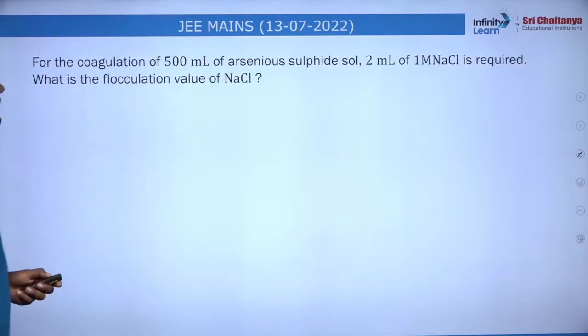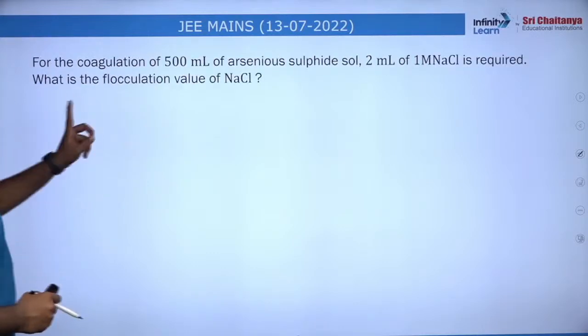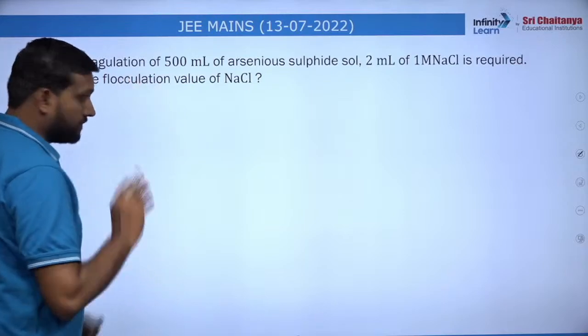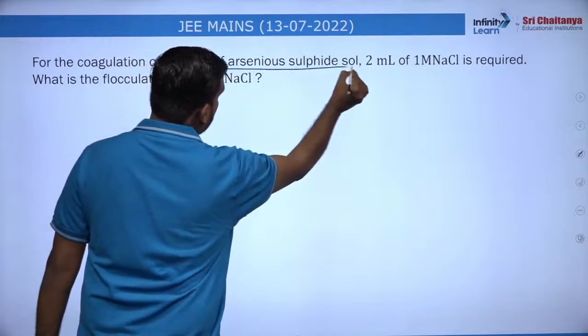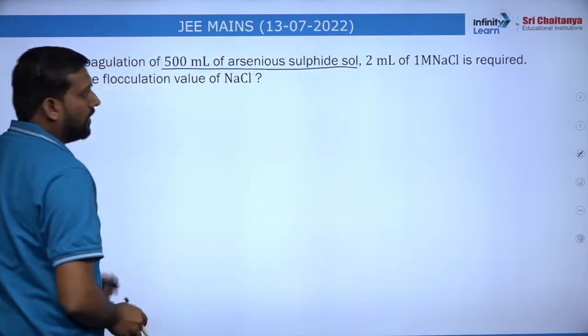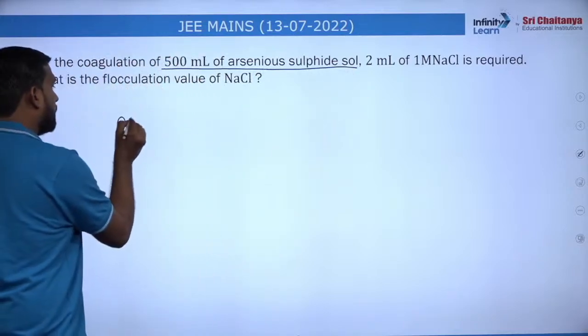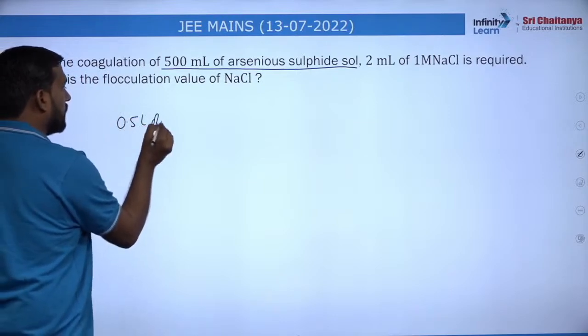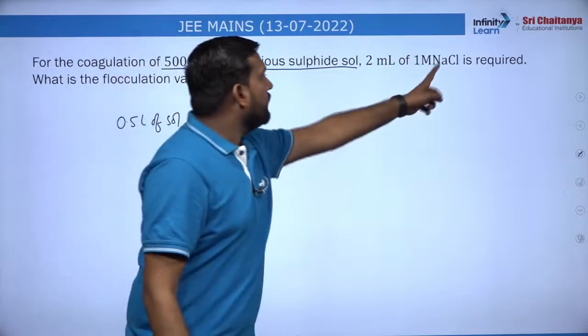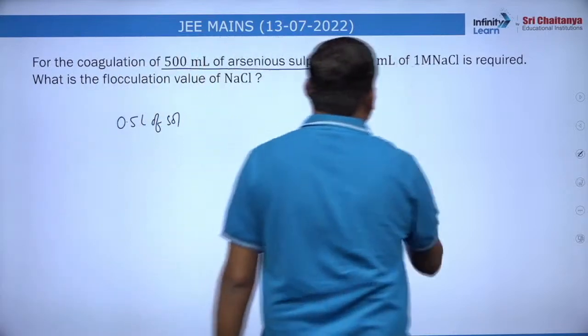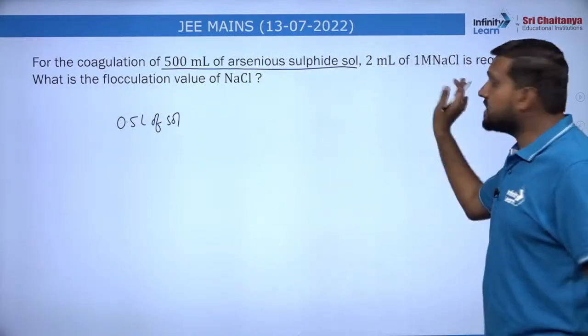Going to the next question. For the coagulation of 500 ml, listen to it carefully. There is 500 ml of arsenic sulfide sol, so basically I can call it 0.5 liter of sol. 2 ml of 1 molarity NaCl. Can I find out the millimoles here?